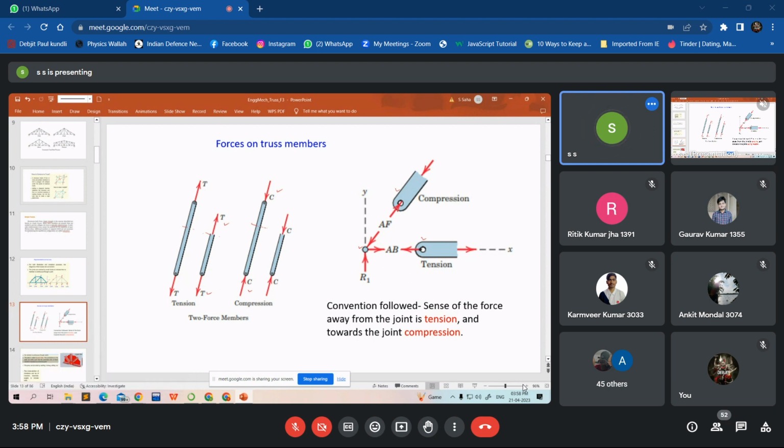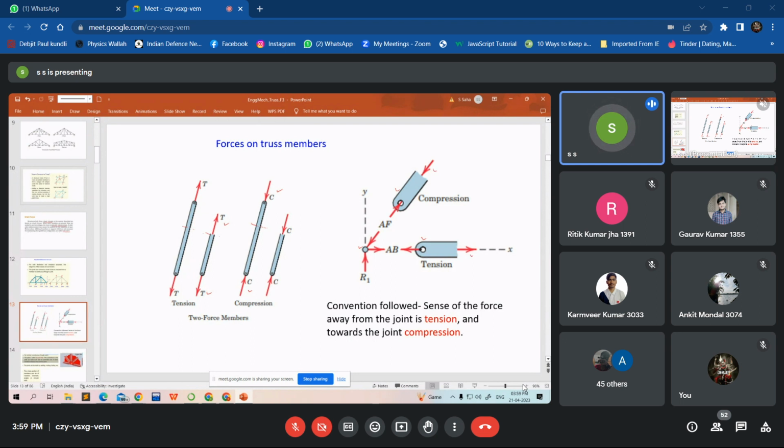You have to understand that and be very clear in your conception. When there is a compression, we represent it with the force towards the joint like this, and when there is a tension on the member, we represent it with the force away from the joint. Okay, this is tension, this is compression.